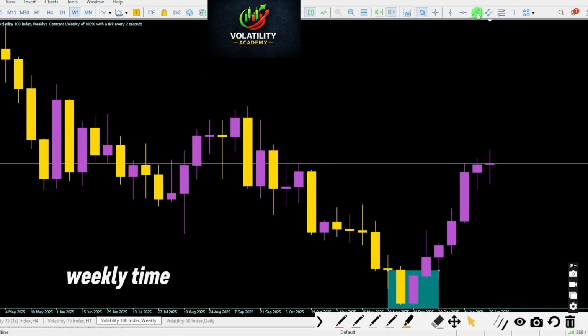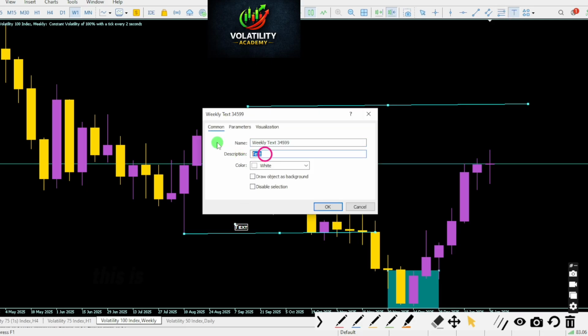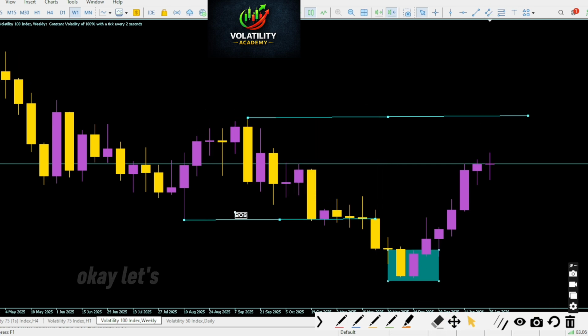On the weekly time frame, I'm going to map my market structure. This is my swing high, which is my protected high. This right here is my break of structure to the downside. Let me quickly write that. This is my break of structure, and this right here is my swing low.